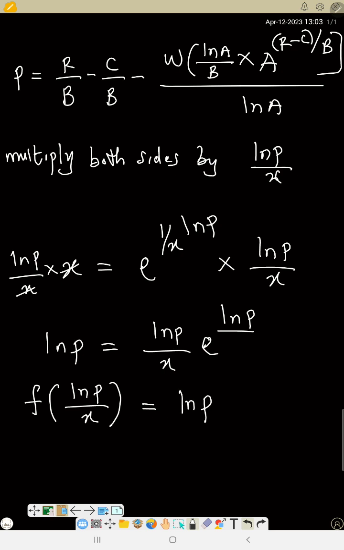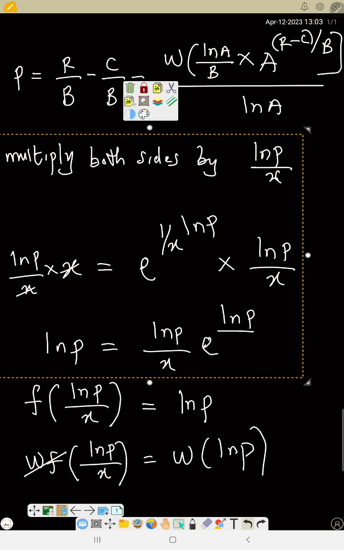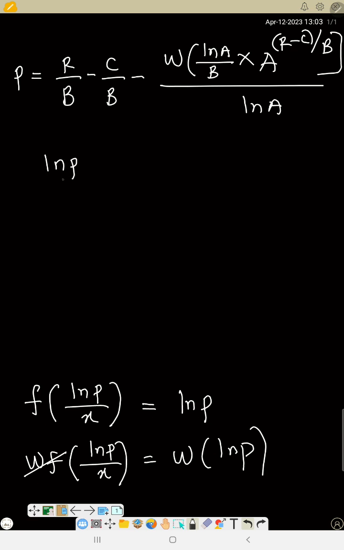So take the product log of both sides. So W f of ln P over S is equal to W ln P. W and f are inverse of each other, so it will cancel out. So it remains ln P over S is equal to W ln P over 1.